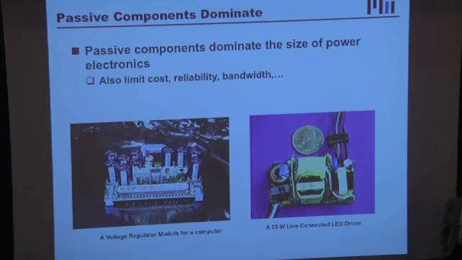And the actual semiconductor content is at least physically quite small. And not only do the passive components dominate the size, they also limit the cost and the reliability and the control bandwidth with which you can control energy. So if you're going to improve power electronics, the passive components really have to be a focus.